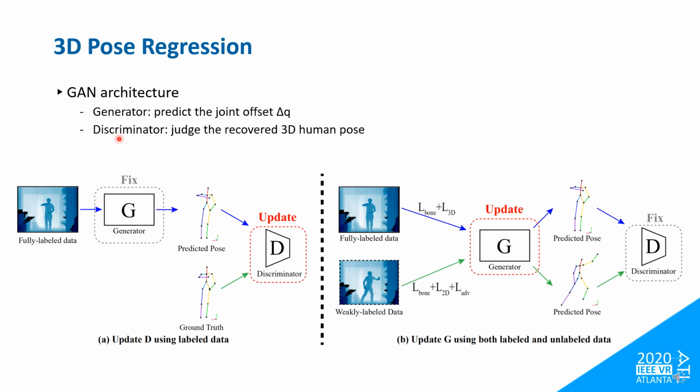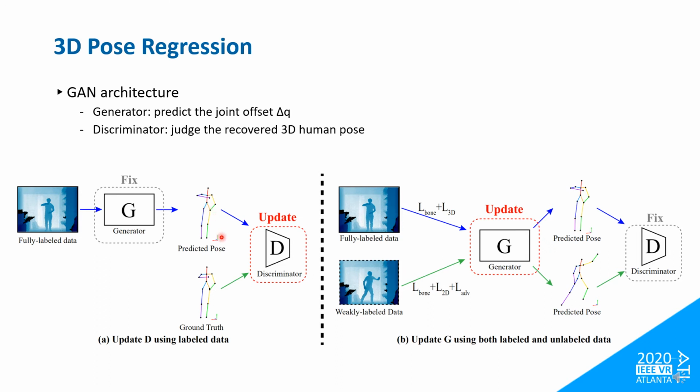This network follows the GAN architecture and consists of the generator and the discriminator network. The generator aims to obtain the joint offsets delta Q, and the inputs of the generator network are the normalized point clouds. We feed the input to the hierarchical PointNet and obtain the joint offsets. We can update the 3D human pose by adding the joint offsets to the initial pose.